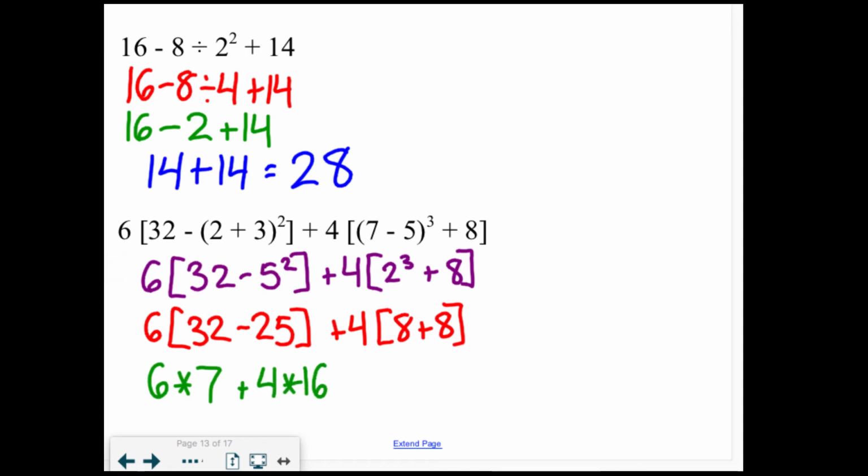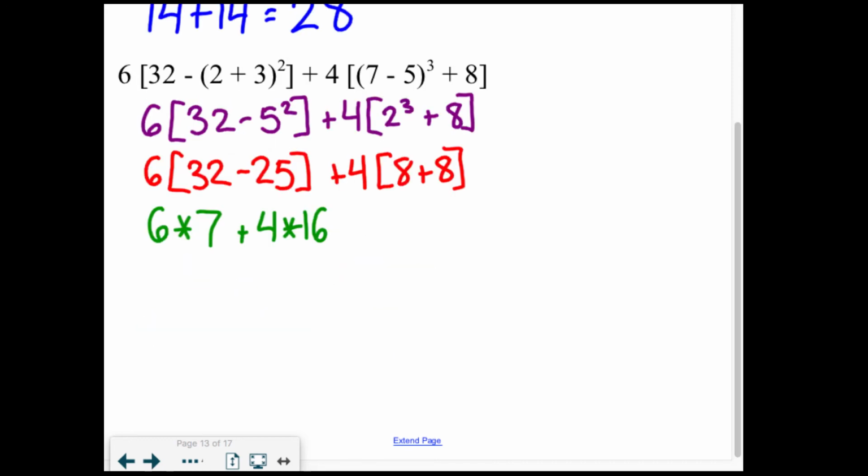If you notice, I'm doing steps on both parts of the problem at the same time, and that is okay as long as you are showing all of your work. Then we've got 42 plus 64, giving us a total answer of 106.